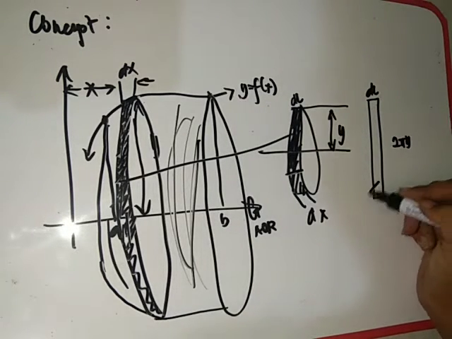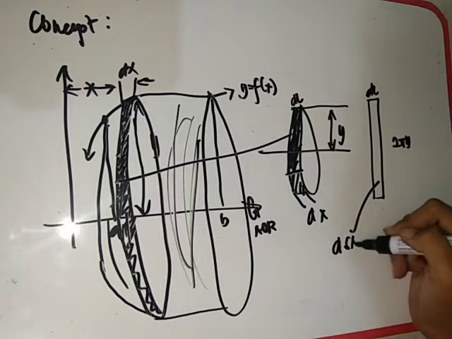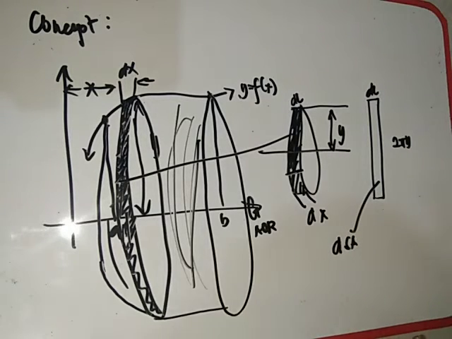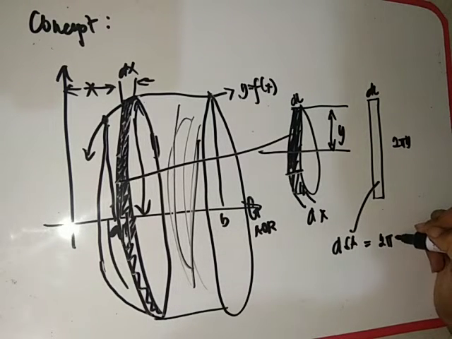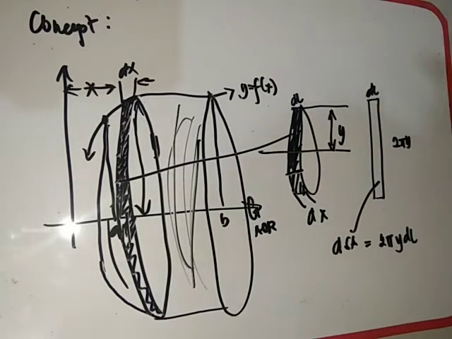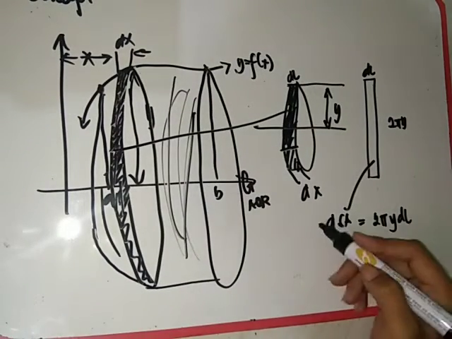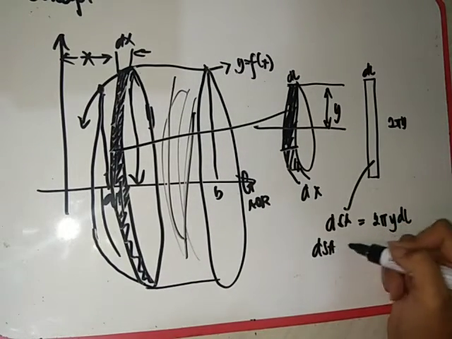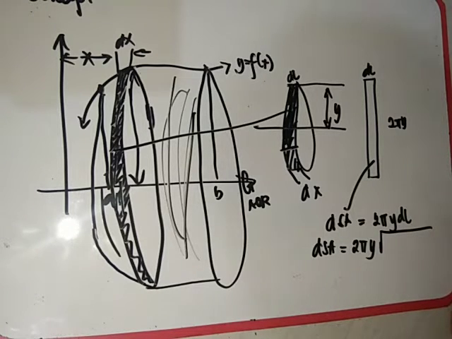And then the area of this, the DSA, differential surface area, is equal to 2 pi y dl. So DSA is equal to 2 pi y square root of 1 plus y prime squared dx.